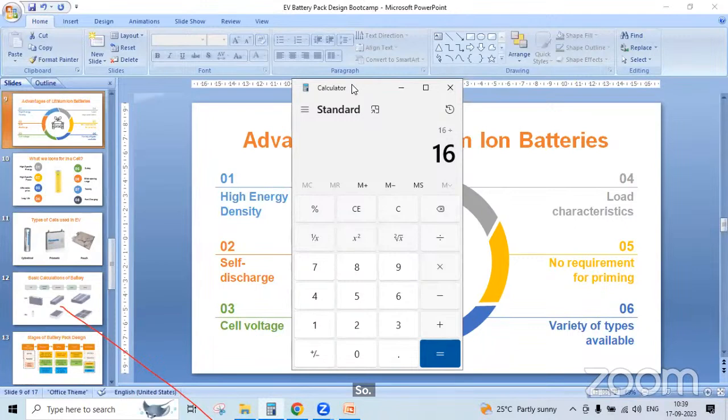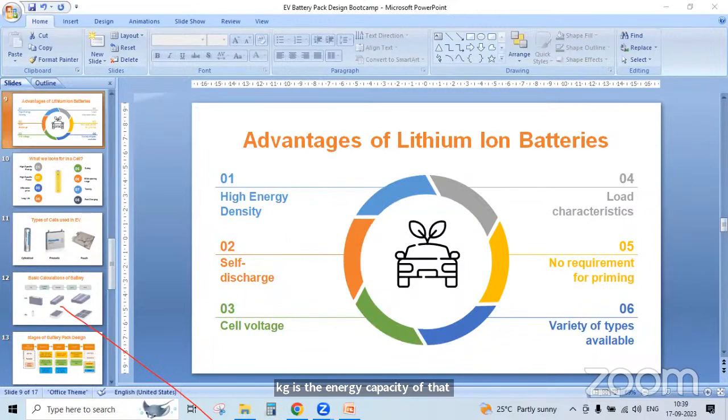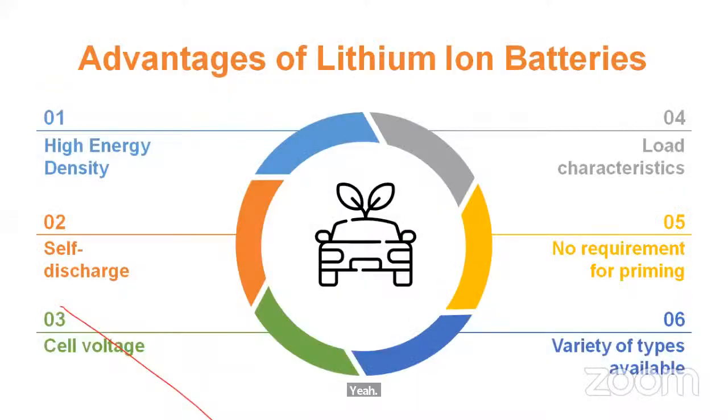Suppose the weight is 100 grams, for example. So 100 grams means 0.1 kg, right? So 160 watt hour per kg is the energy capacity of that cell. In that manner, you can calculate the energy density of any cell. Now self-discharge.